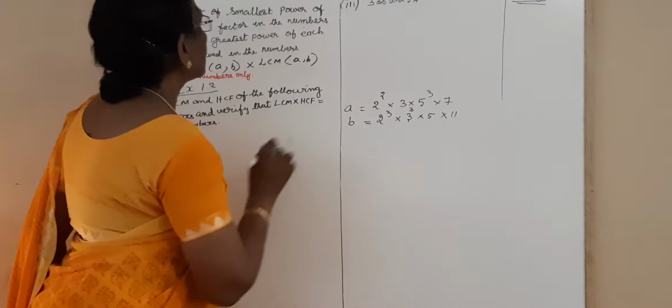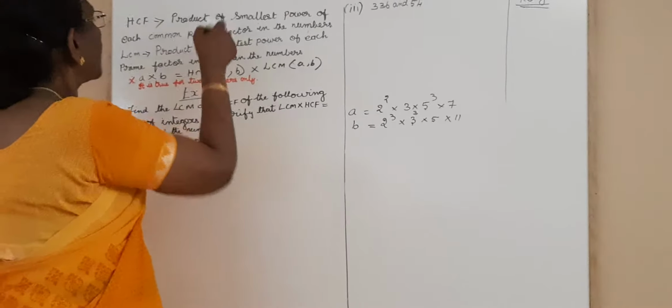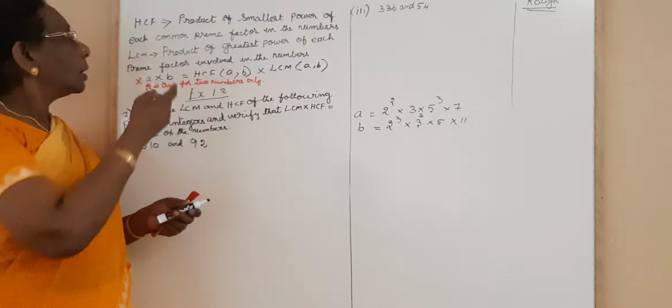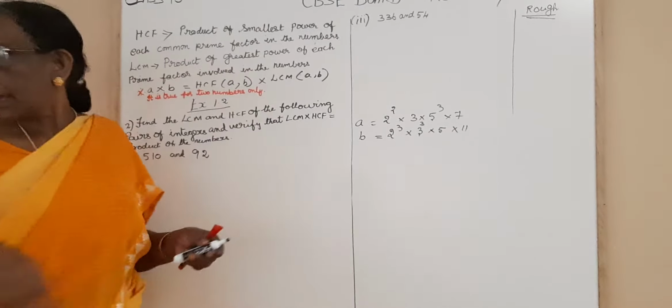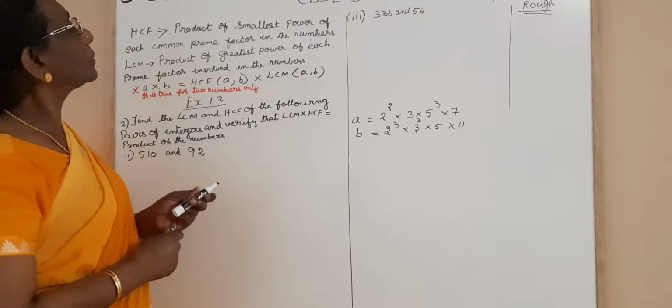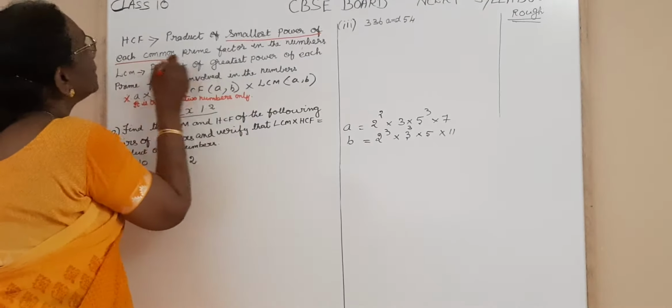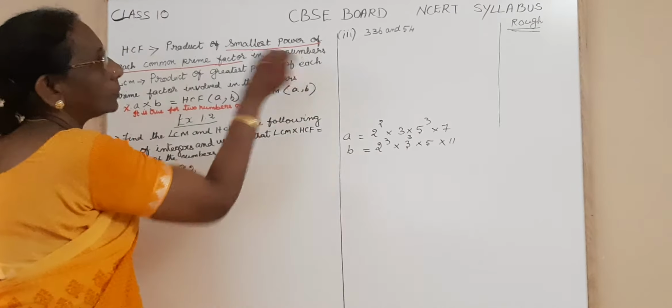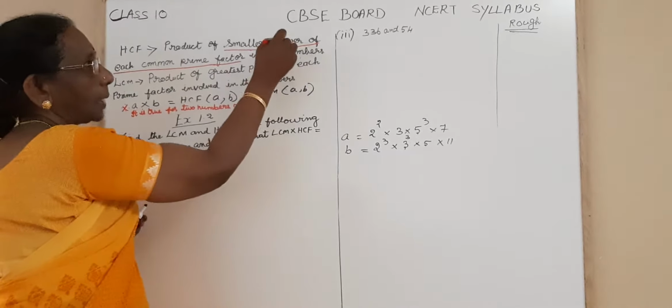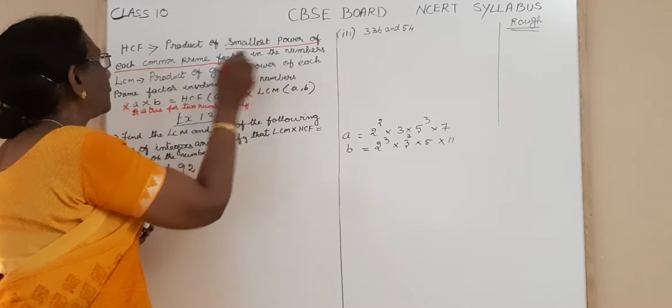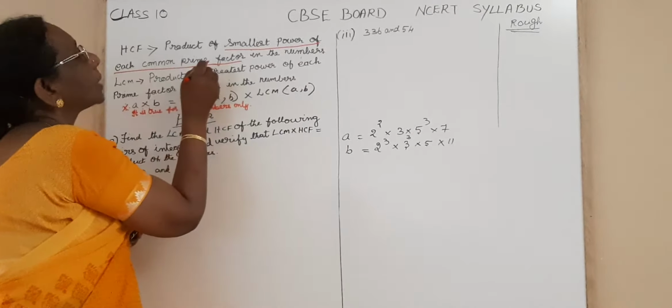Now, how do we write the HCF? What is the rule given here? The product of the smallest power of each common prime factor in the numbers.